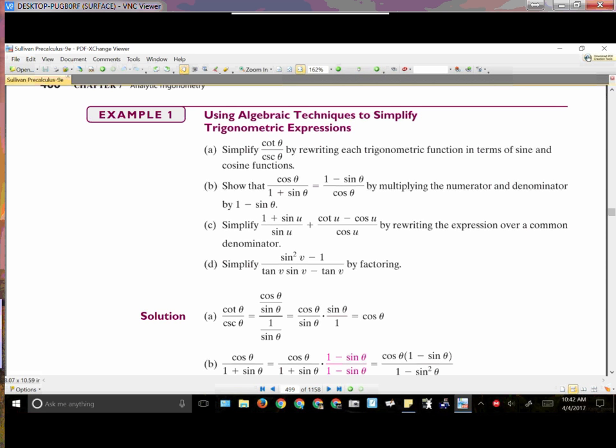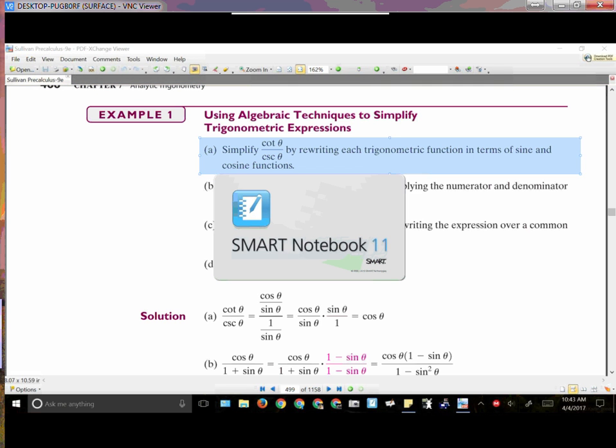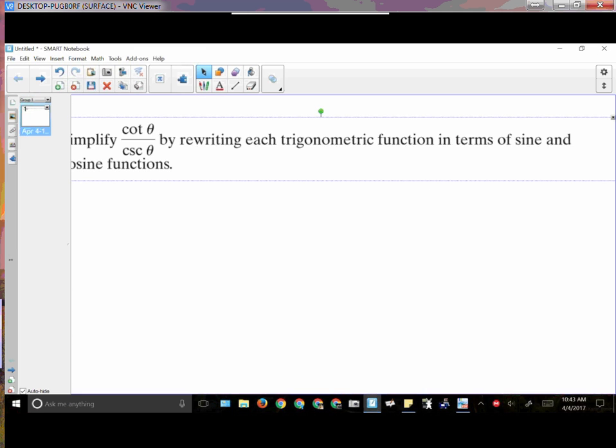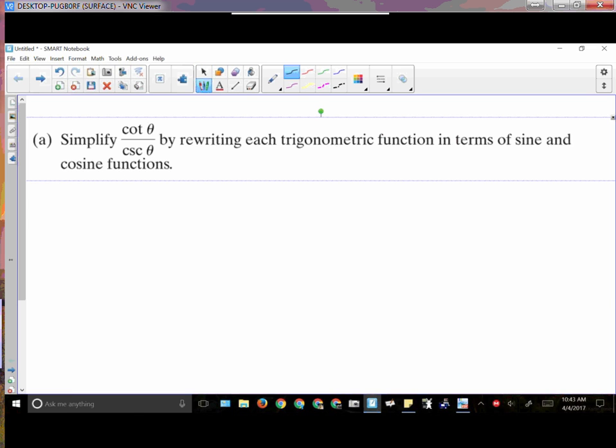So let's go through and take a look at a couple of these. I want to simplify this down. I've got cotangent of theta over cosecant of theta. Well, the question is, what are they equal to?